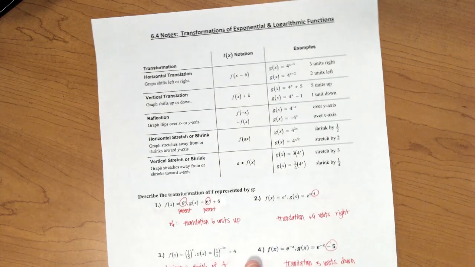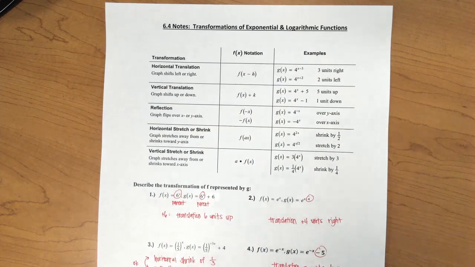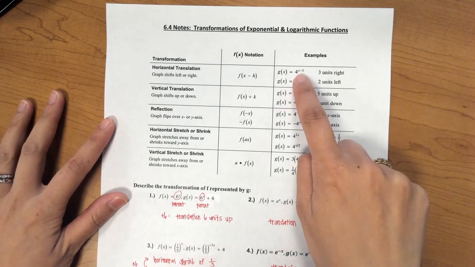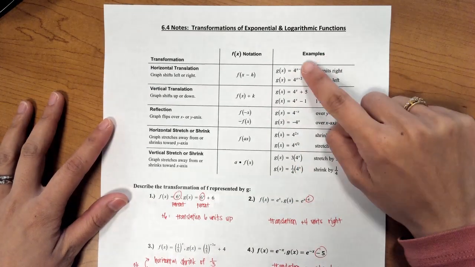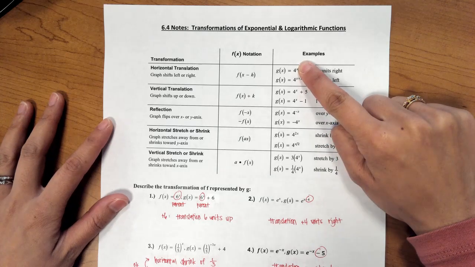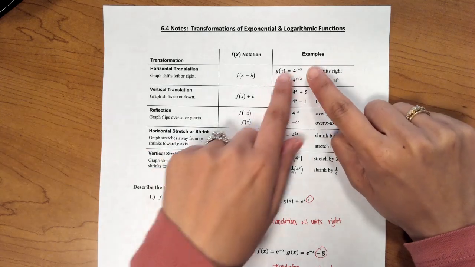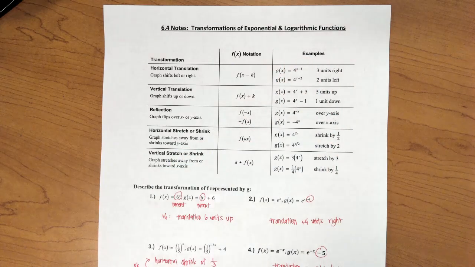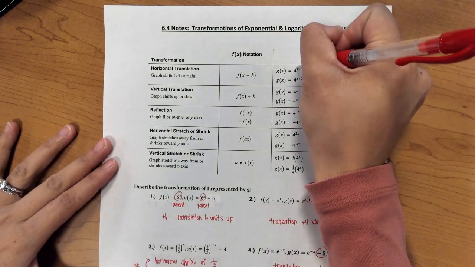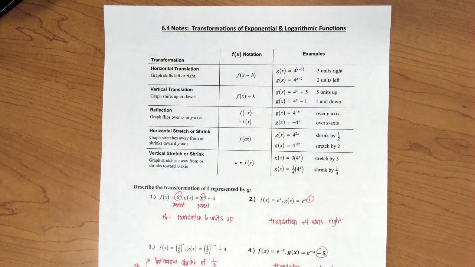Horizontal stretches and shrinks are still reciprocals. The only thing that's different about this chapter is that instead of having something like (x plus 5) in parentheses to the second power, which was a parabola, we now have different bases. So this right here, 4 to the x, is our parent function. This x minus 3 doesn't have parentheses shown, but we know that these two are grouped together.